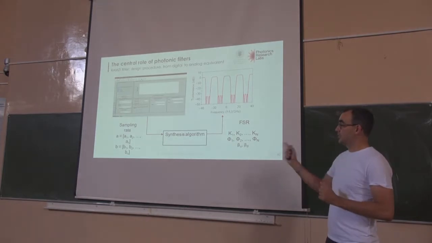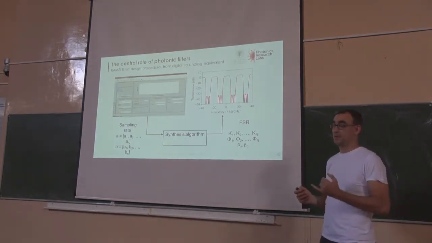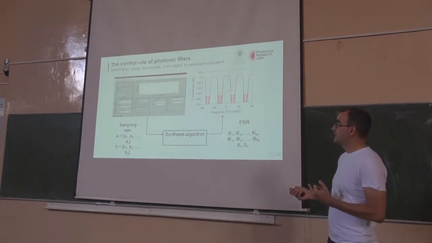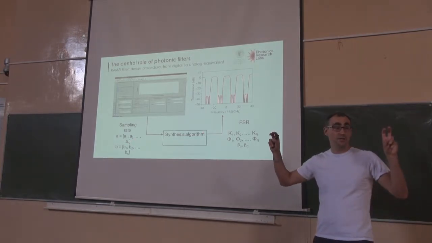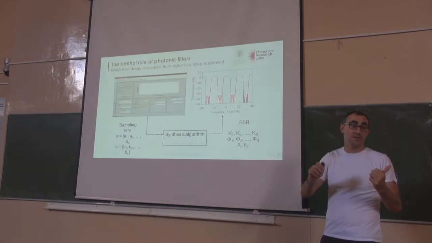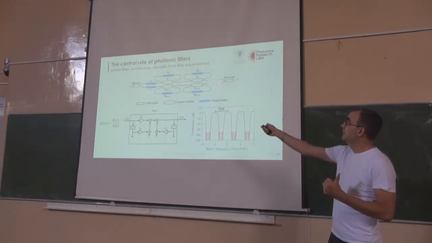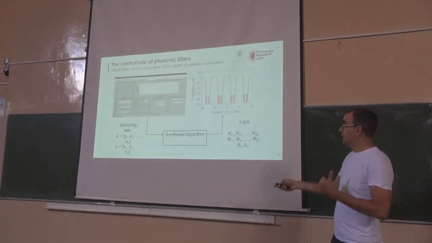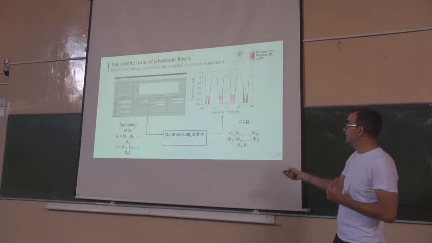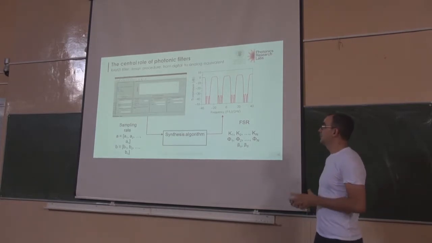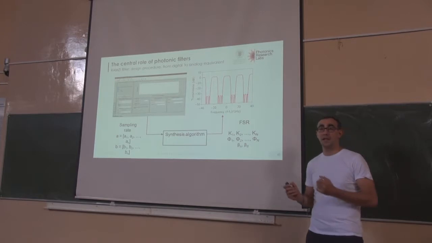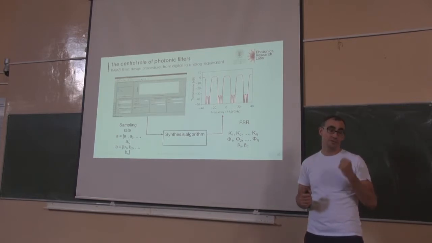And then you can resort to the book I have mentioned or to the thesis I have mentioned, and there is a synthesis algorithm that will translate these digital filter coefficients into the physical representation of the photonic filter. It will translate the coefficients into the coupling constants, the phases, and the imbalance between the MZI arms. So basically, using digital filter techniques and a synthesis algorithm, you can make a photonic integrated circuit filter.